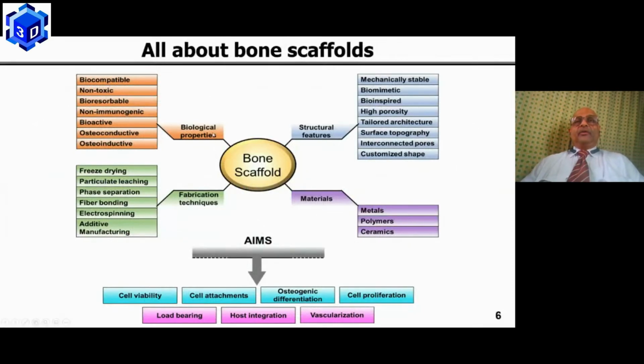So a typical bone scaffold has numerous properties that it has to satisfy. There are biological properties, and these biological properties include biocompatibility and non-toxicity and so on. Bioresorbability is an important aspect. Today's state of the art, or today's standard of care, often uses metal-based materials, including titanium and its special alloys, chrome cobalt, and even stainless steel, because it provides the necessary strength, but that's also a disadvantage by virtue of stress shielding.